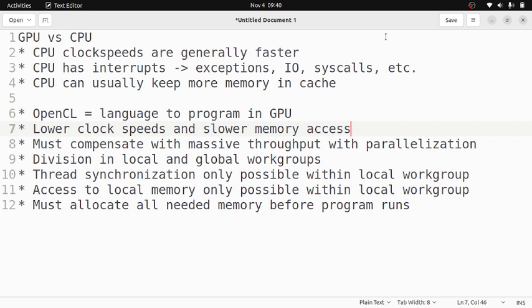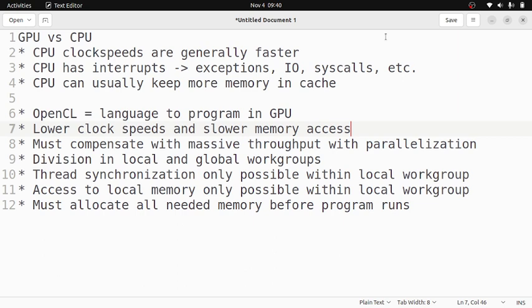So you see that one core of the CPU is generally faster than a core in the GPU, right? The other thing is that the CPU has a feature called interrupts, which allows the processor to pause execution and delegate execution to something else, and this is essentially what gives a lot of the stuff that makes a modern programming language possible. For example, exceptions, reading input and output, and syscalls to allocate memory, etc.